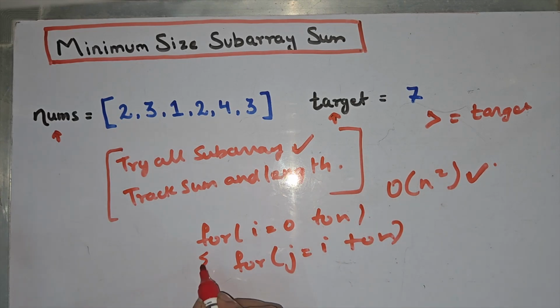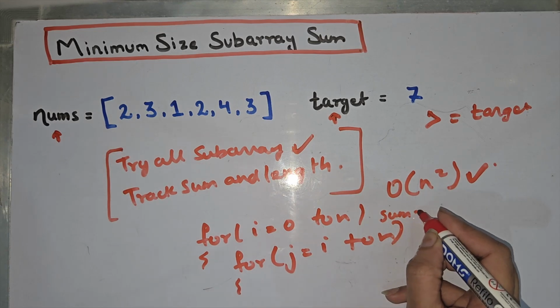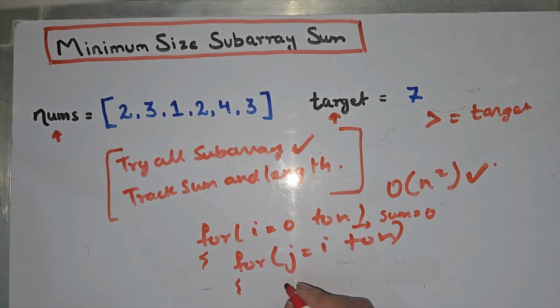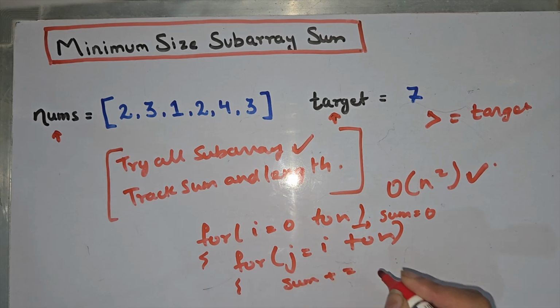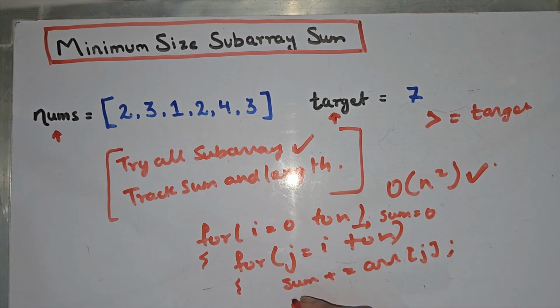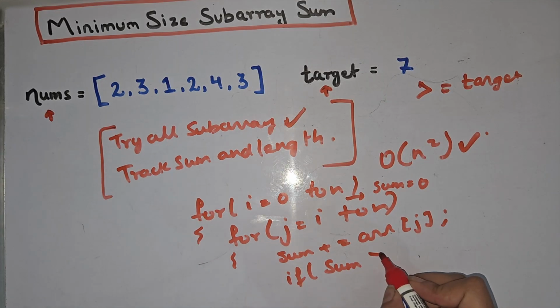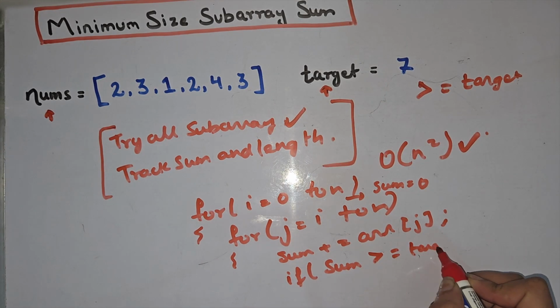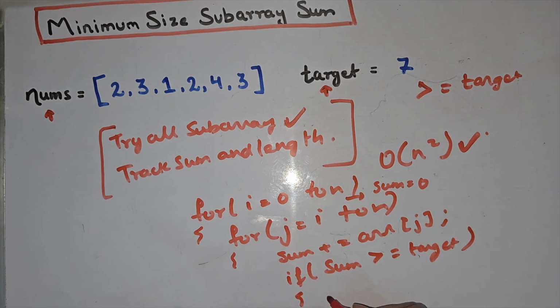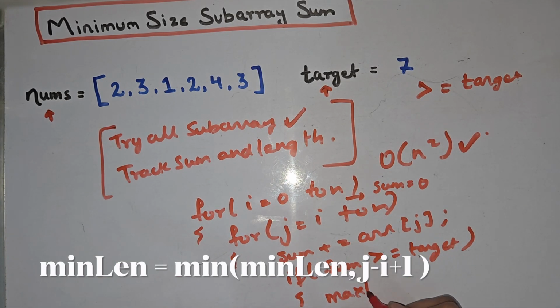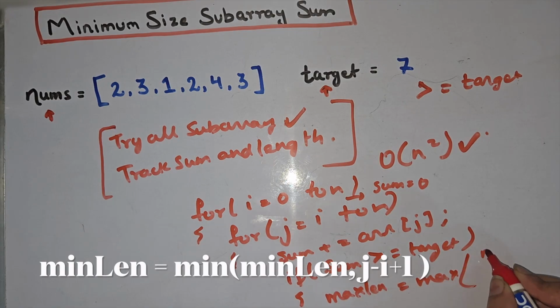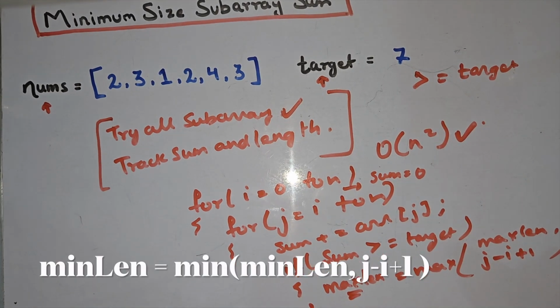This will generate all the subarrays, and we will have a sum initially equal to 0 here, and we will sum all the elements of the subarray, and if the sum is greater than or equal to our target, we will update our answer. So this is a naive solution.